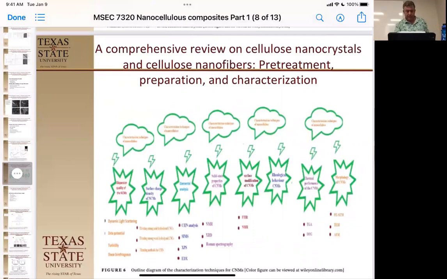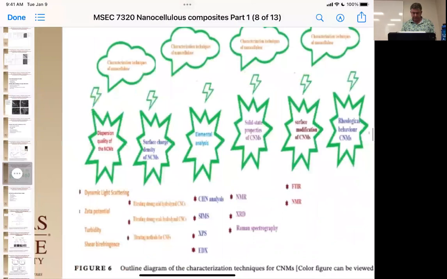All right, so this is going to be a little harder to see. This is where I stopped writing because there are so many techniques here. They can do the ones where you look at the dispersion quality, and you have turbidity, the zeta potential, and dynamic measurement. But they also have shear birefringence.